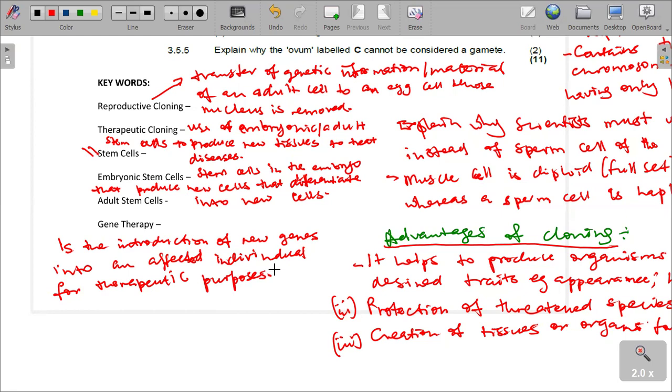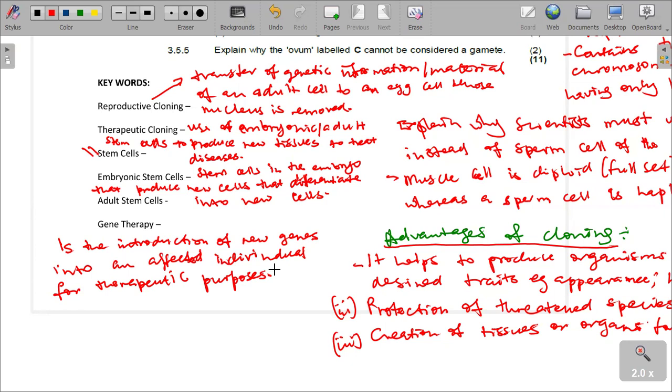Basically, you need to understand that there are certain diseases that might affect organisms. So scientists would use new genes to replace those affected cells, such that they can develop and multiply.